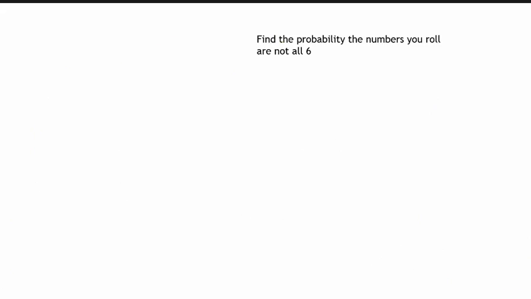Okay, find the probability that the numbers you roll are not all 6. This is actually pretty easy to see graphically, because there's only one way that they're all 6, way down there in the corner. So the outcomes that are not all 6 are all the other outcomes, the 215 that are not all 6.